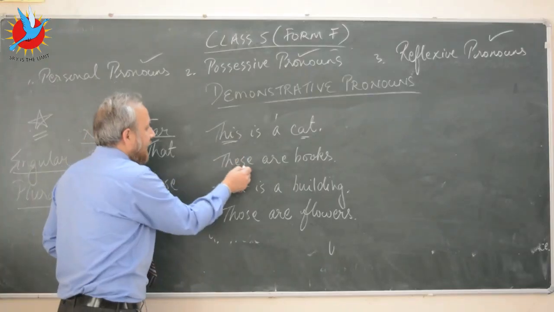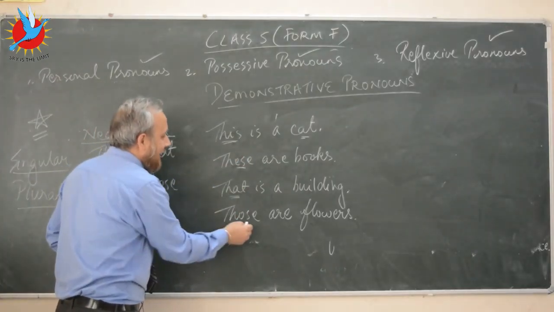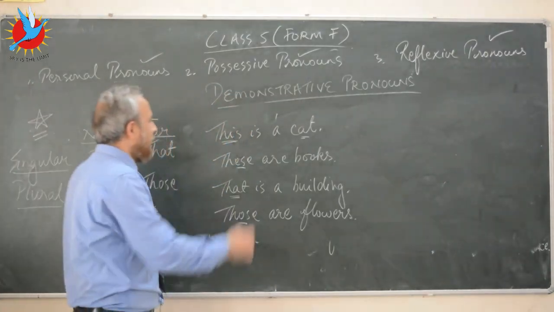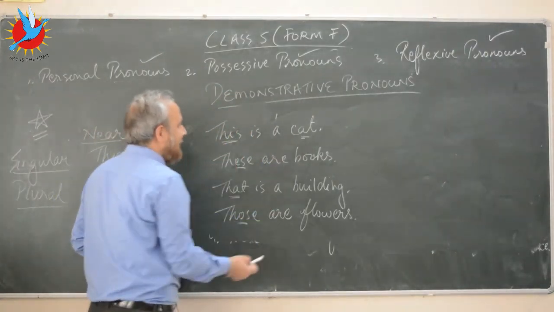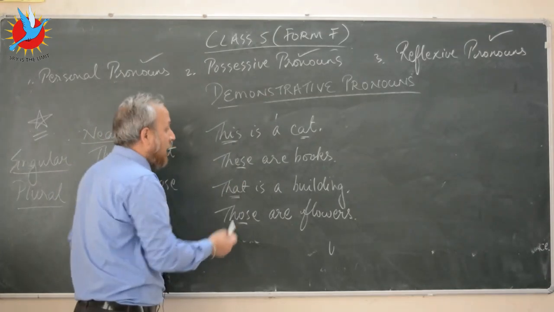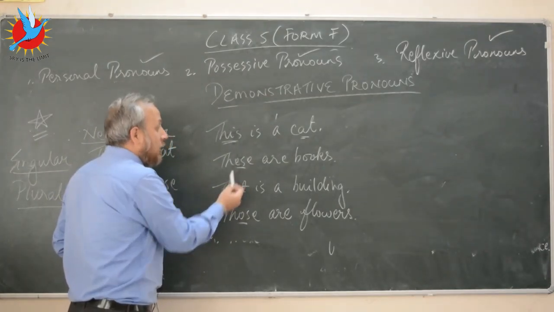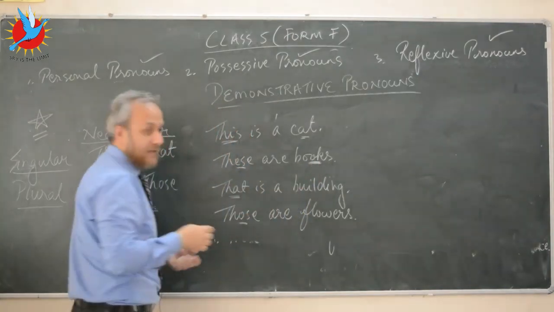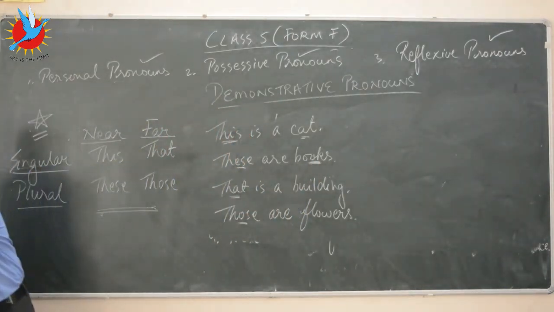So this, these, that and those, these are all demonstrative pronouns. This is pointing to the cat. The demonstrative pronoun these is pointing to books.